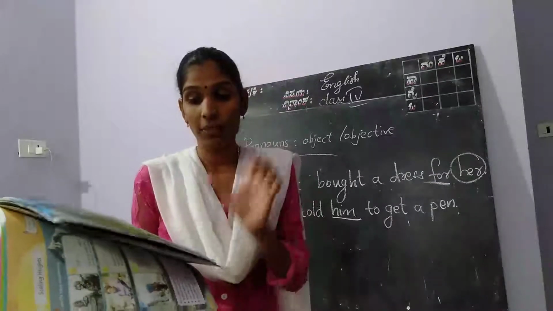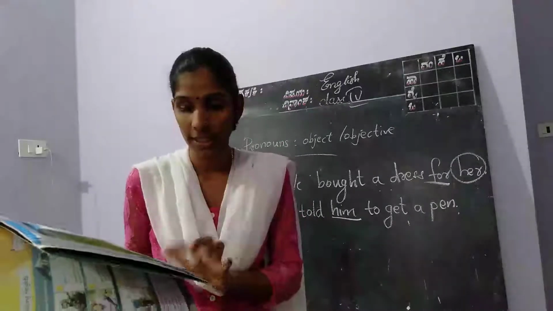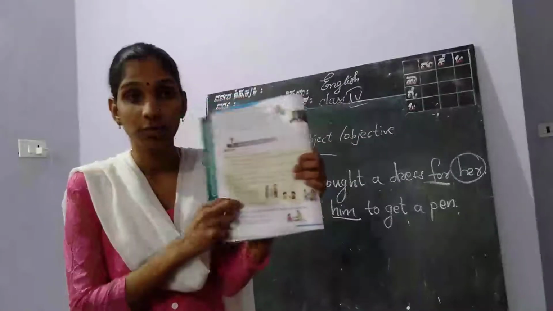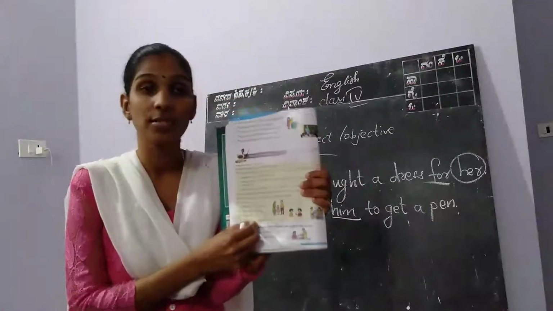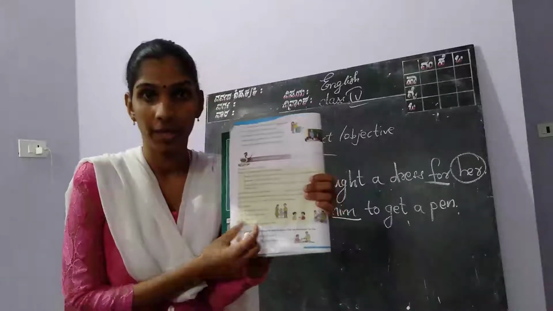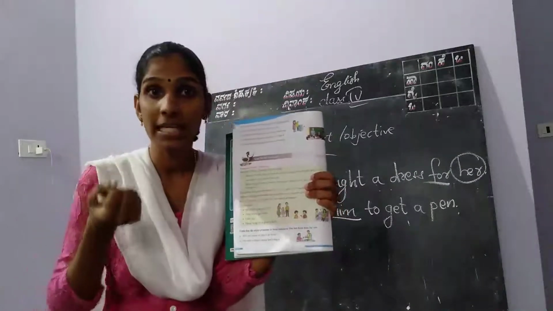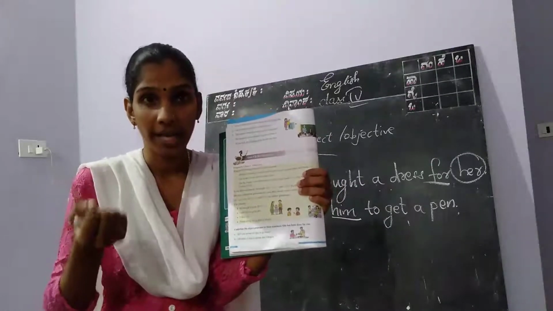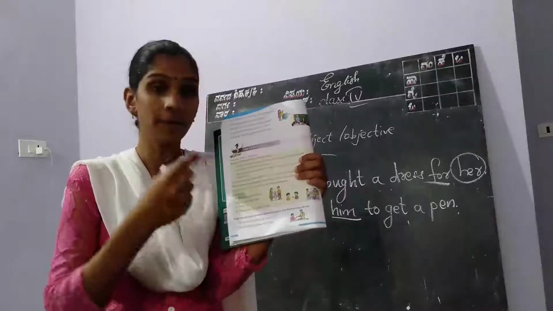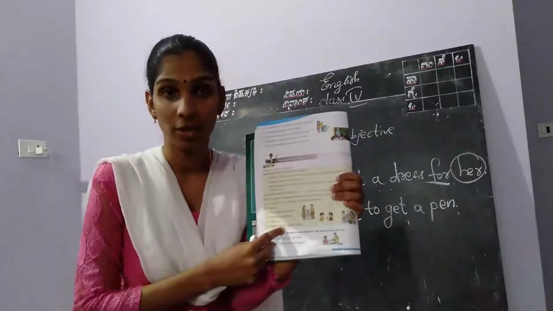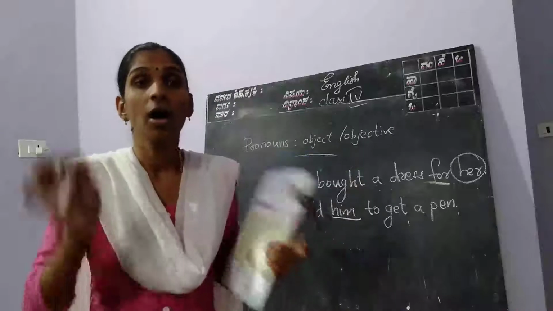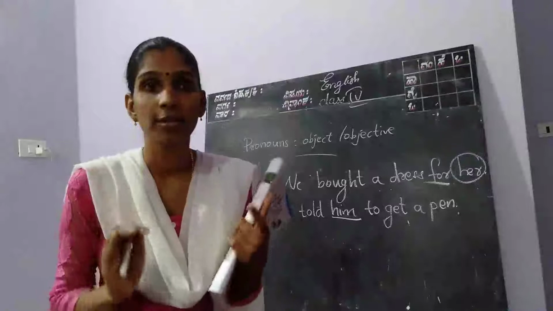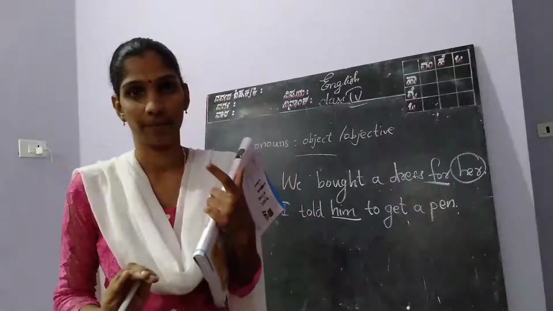Objective pronoun me is used after the word bring. Bring is an action word. So we use object or objective pronouns after a verb or a preposition.